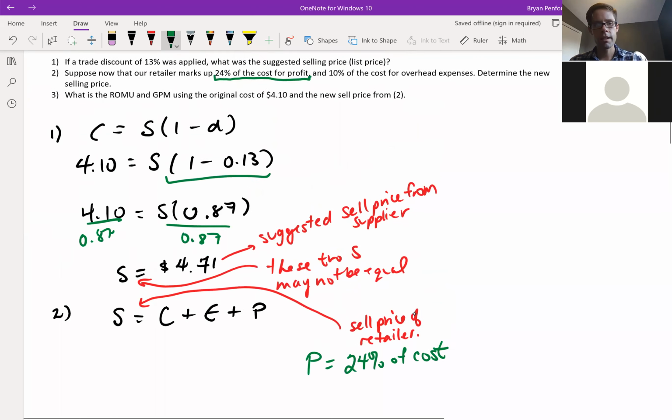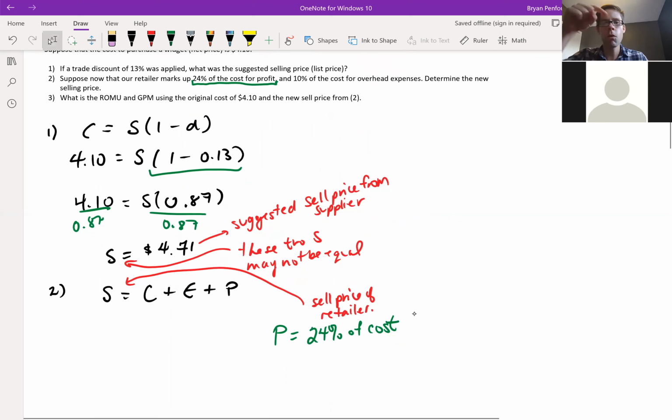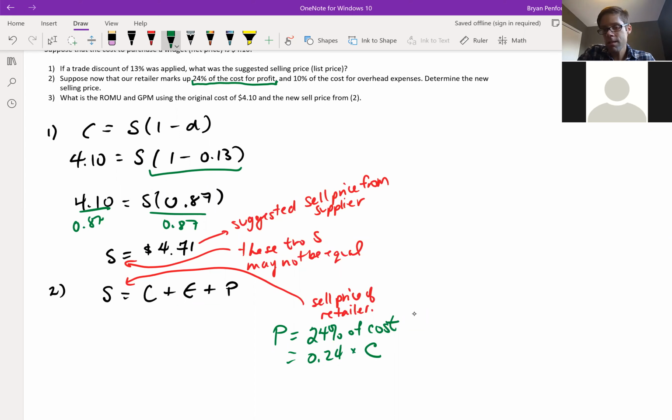Okay, so what I've underlined up here in part 2 says 24% of the cost is going to be my markup that I use for profit. I've just written that down in English here. My profit, which is represented by capital P, is 24% of the cost. Or in other words, it is 0.24 times the cost.